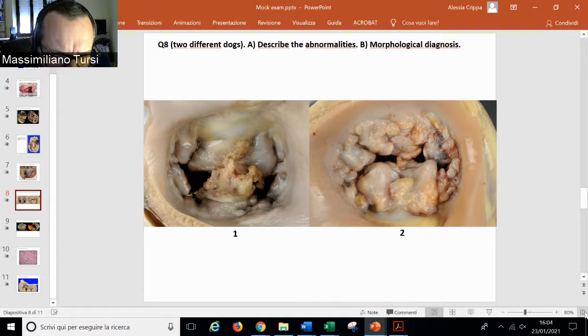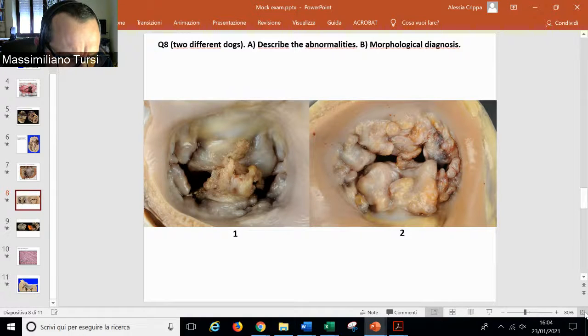You see on the right picture. And I think if you look carefully it's clear, because in polypoid endocarditis there is something new. There is a new formation. Of course, it's not a neoplasia, but there is something hard on the surface.